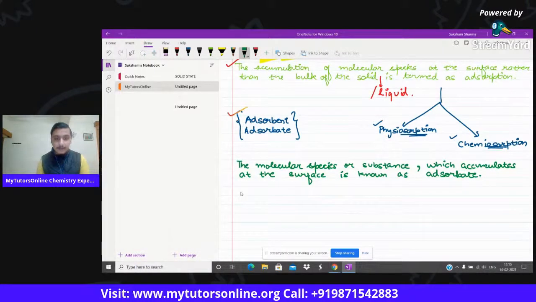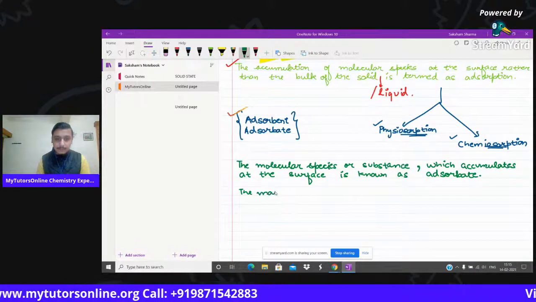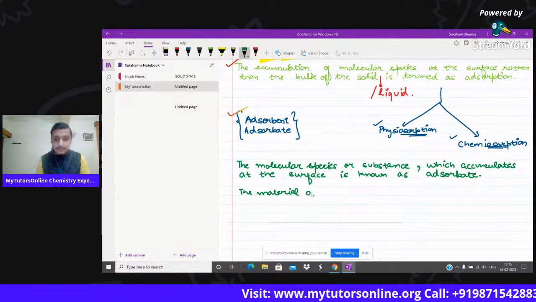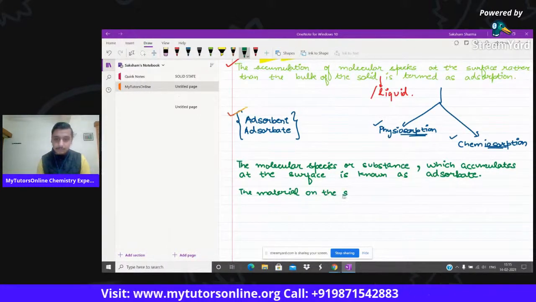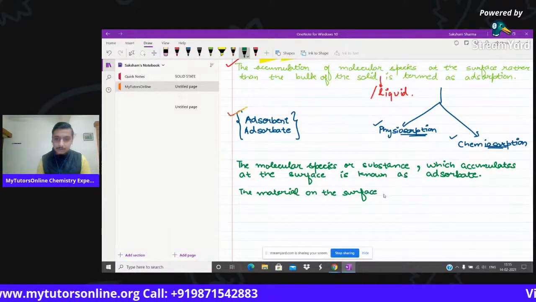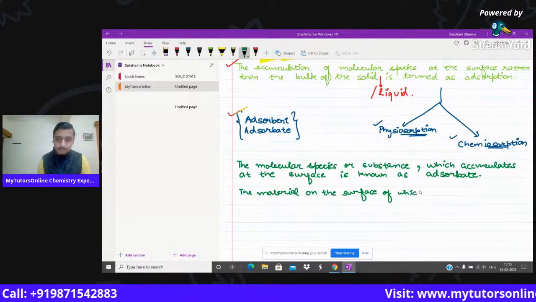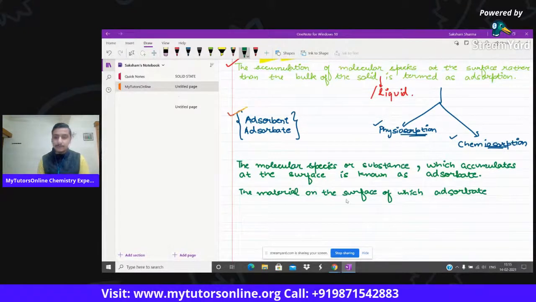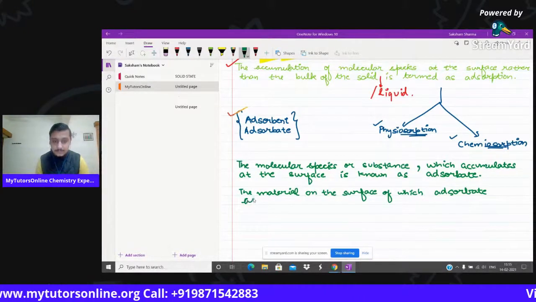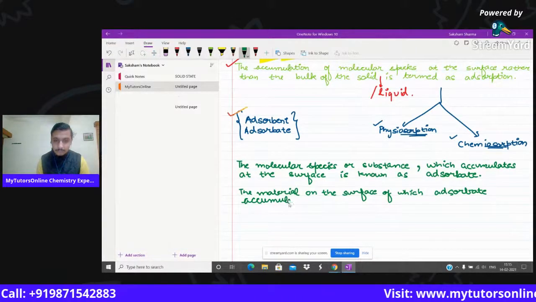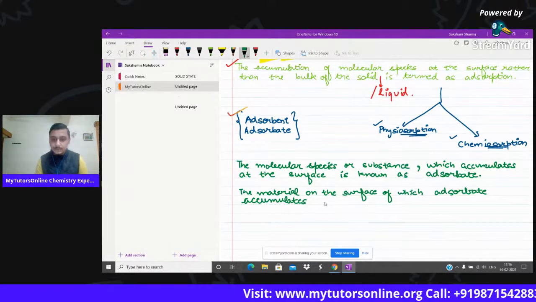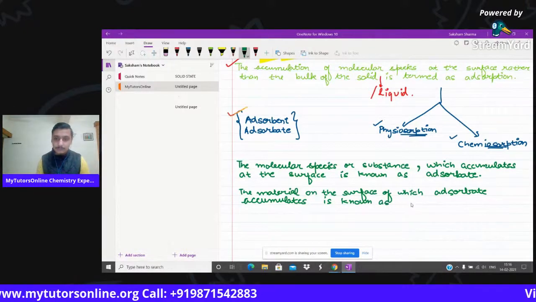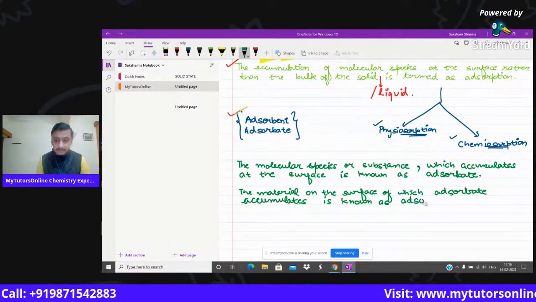And the material on the surface of which the adsorbate accumulates or sticks is known as adsorbent.